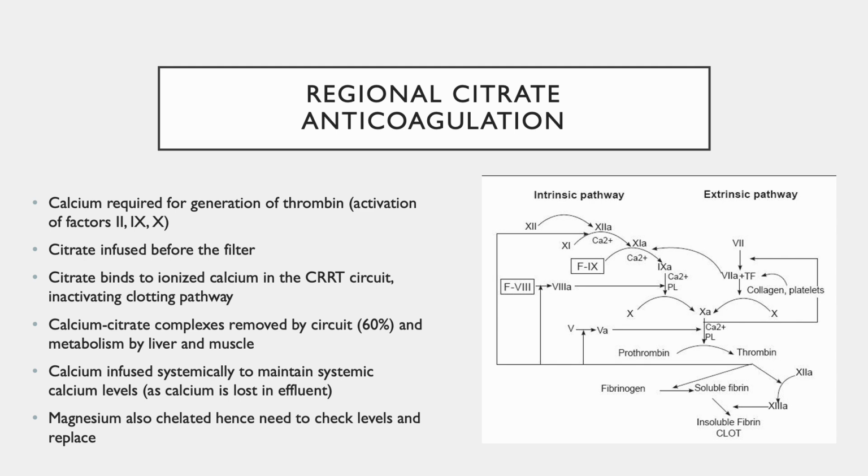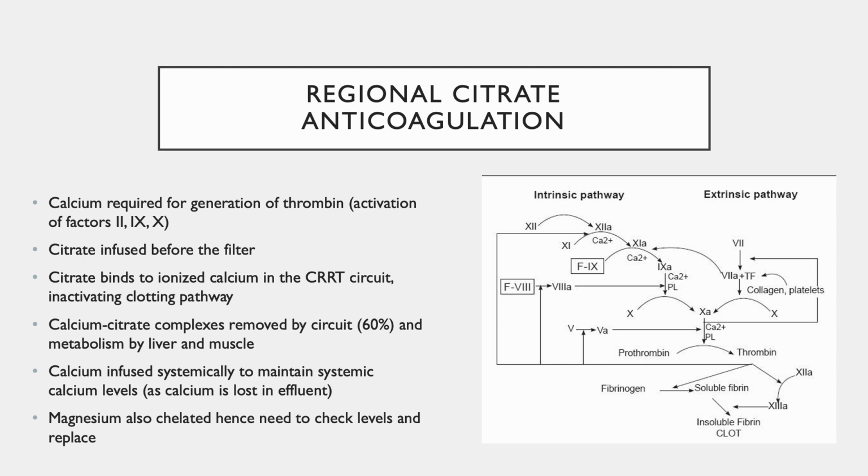Thereafter, calcium is infused systemically back to the patient so that there is systemic normocalcemia, and the anticoagulation effect is hence lost because you have normal calcium levels in the rest of the circulation.